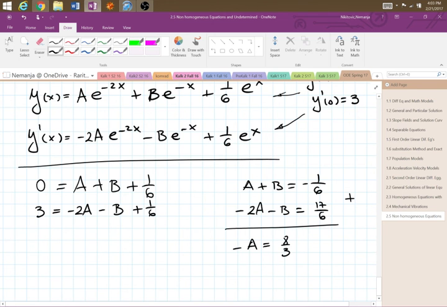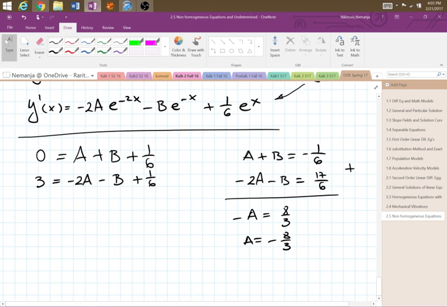So according to my calculations, I have negative 8/3. Is this good? And now I calculate b simply by plugging that in there.